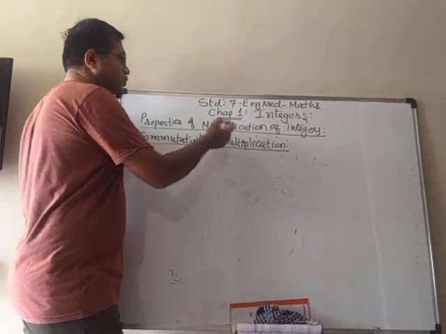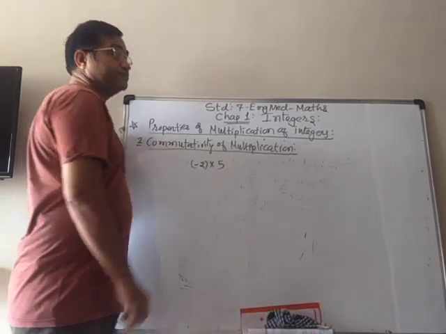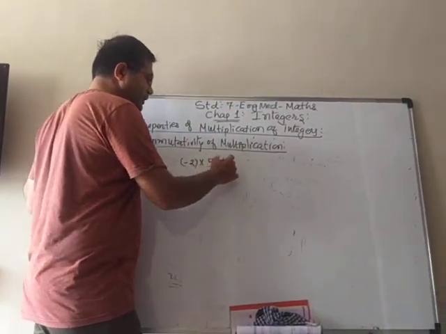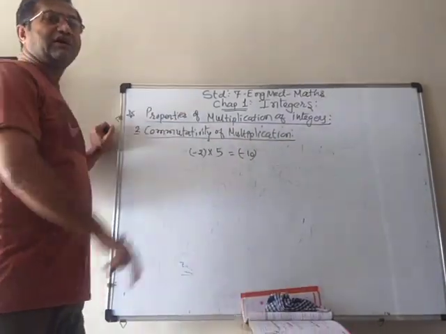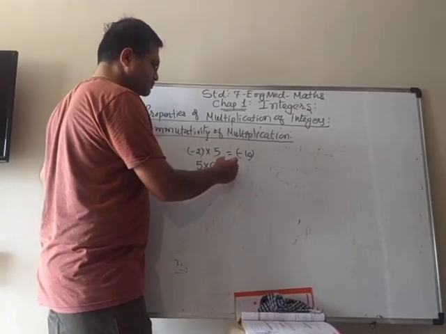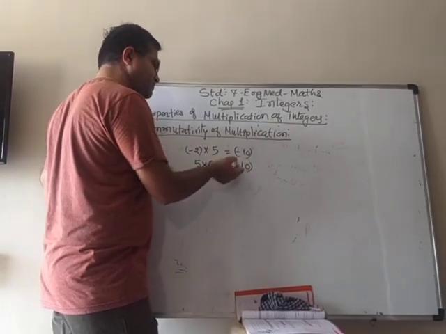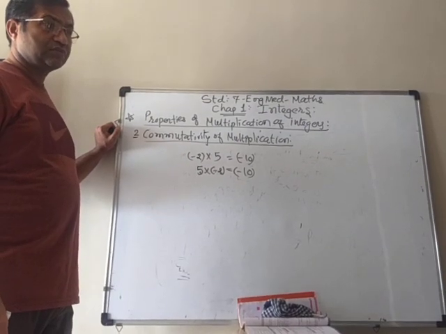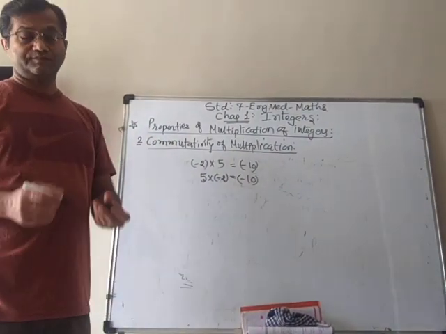Like if you take two integers, minus 2 and 5, what is the answer of minus 2 multiplied by 5? It is minus 10. But if you reverse it, 5 multiplied by minus 2, 5 2s are 10, one positive, one negative, the answer is also the same. It means that you can multiply two integers in any order.